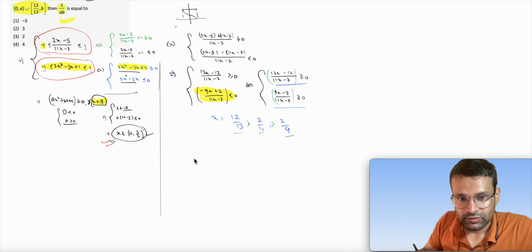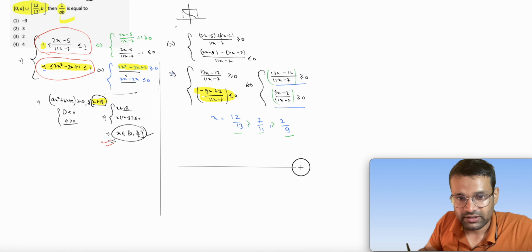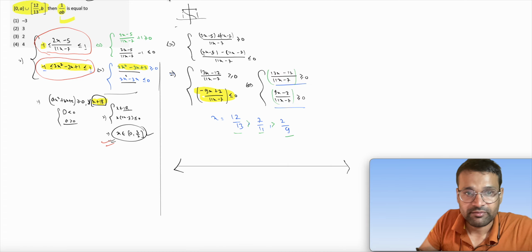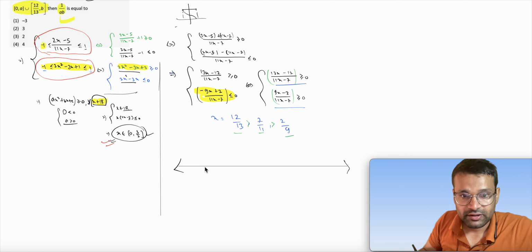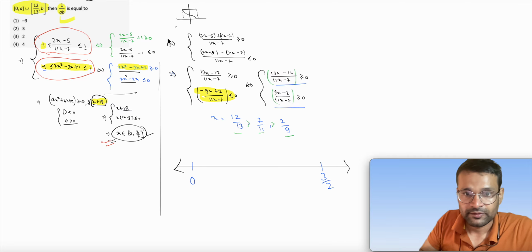Okay, so we draw a number line here. This is the number line. Put the lower value 0, and this is the final intersection, 3 upon 2.